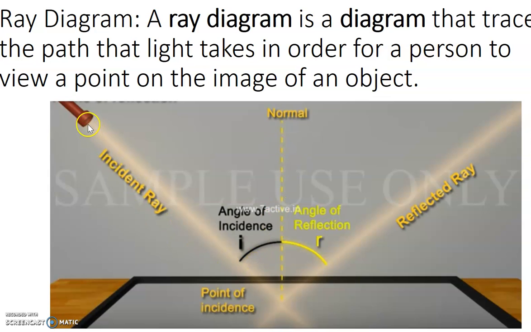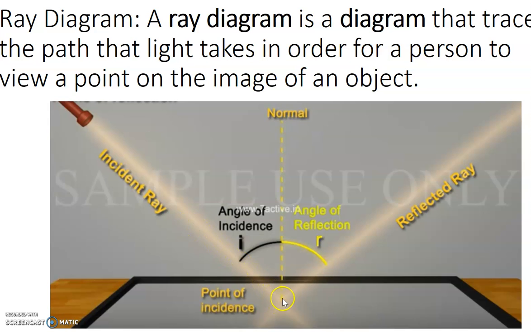You can see the source of light. This is a torch, and there is a mirror placed at the bottom. The light that is coming out from the torch is going to hit one single point on the glass. This ray, which is coming out from the torch and hitting the point on the glass, is called the incident ray.